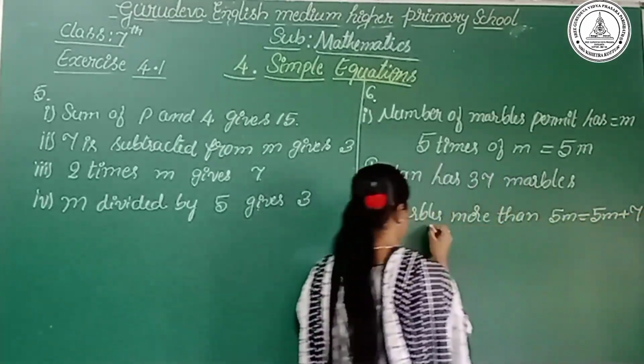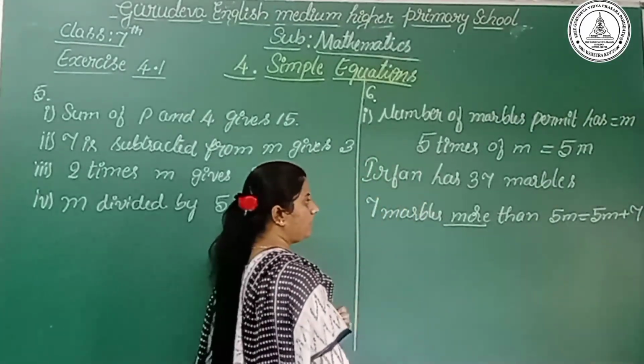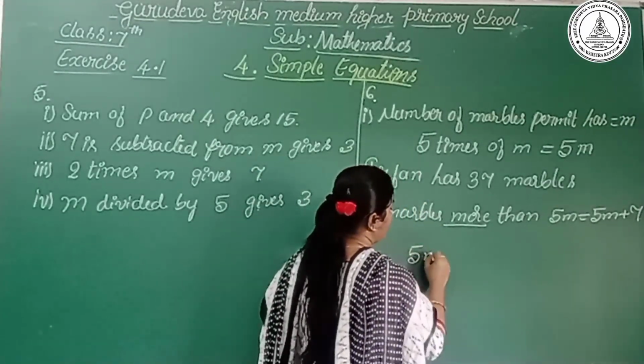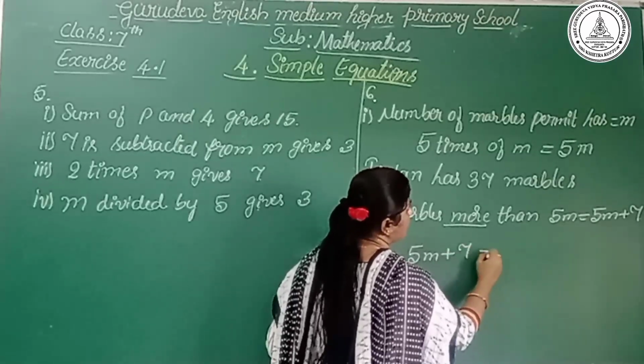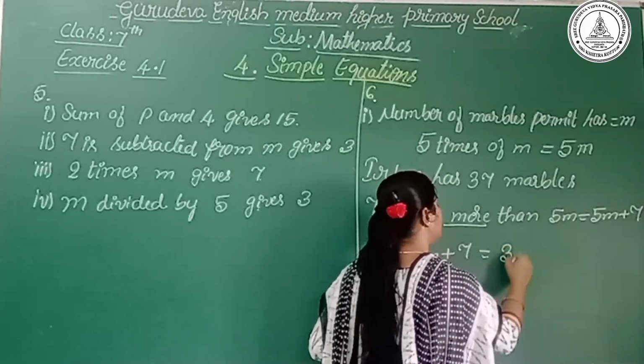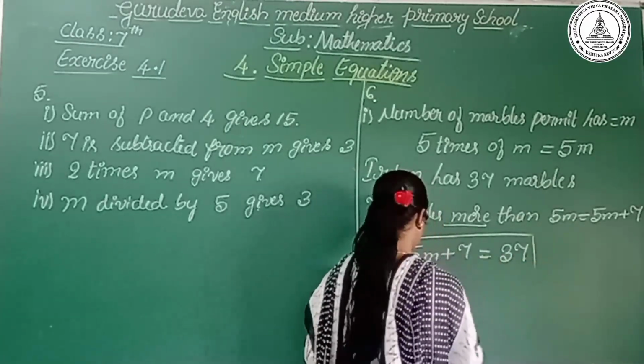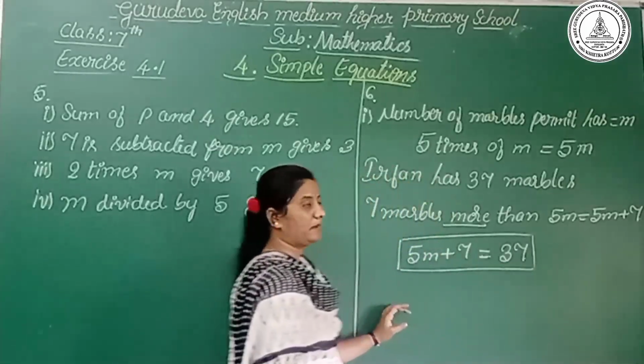Here more than means it is addition, so plus 7. Then write down the given equation, that is 5m plus 7 is equal to the total number of marbles he has, that is 37. So it is the setting up of an equation for the given statement.